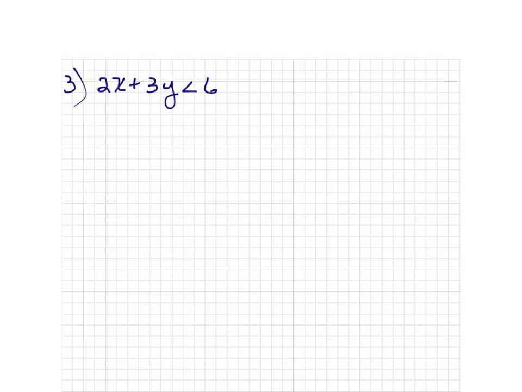Okay, number 3. Number 3 is another one that I'm going to do with you. Copy this down. 2x plus 3y is less than 6. All right, so again, my first step is to get this thing into slope-intercept form. Let's do that. Subtract 2x from both sides. 3y is less than negative 2x plus 6.